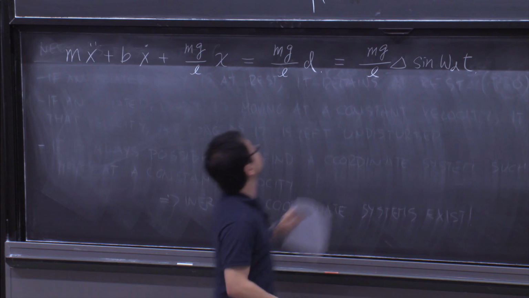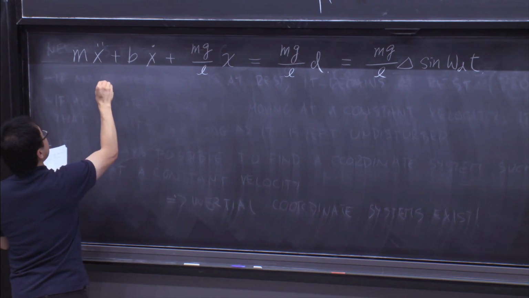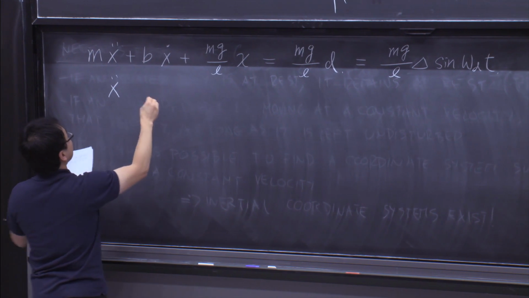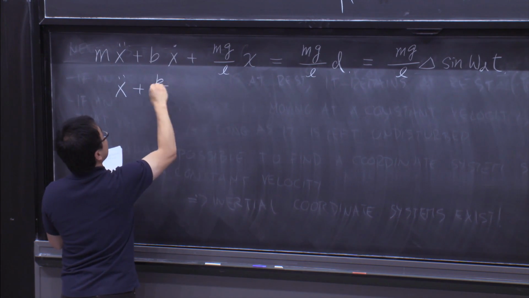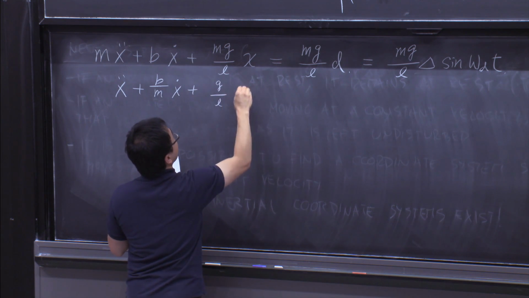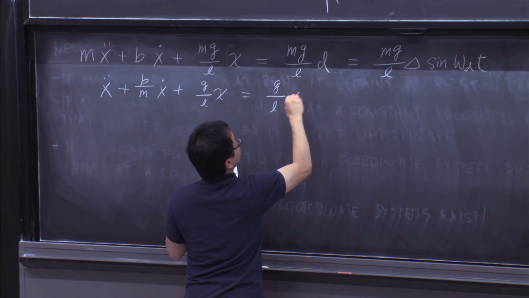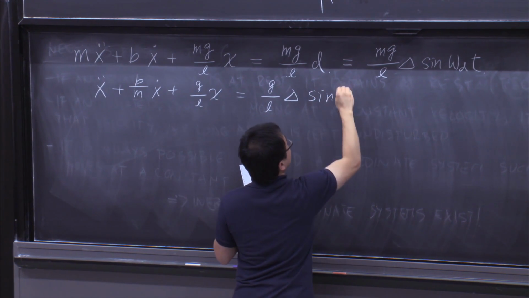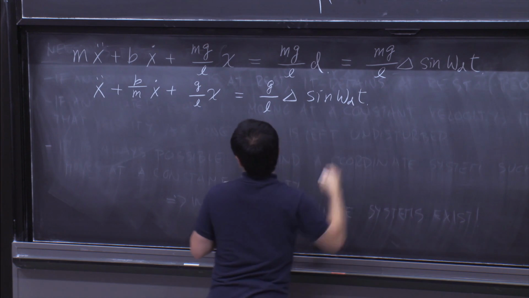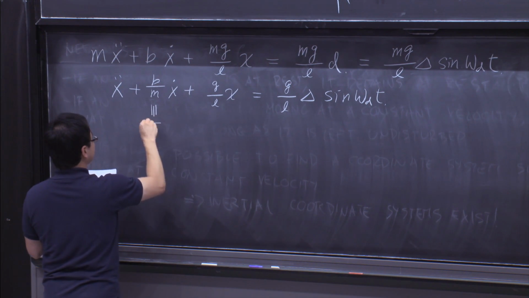Then I can divide everything by m, then I get x double dot plus b over m x dot plus g over L x, and that would be equal to g over L delta sine omega_d t. Now, of course, as usual, I will define this to be gamma.